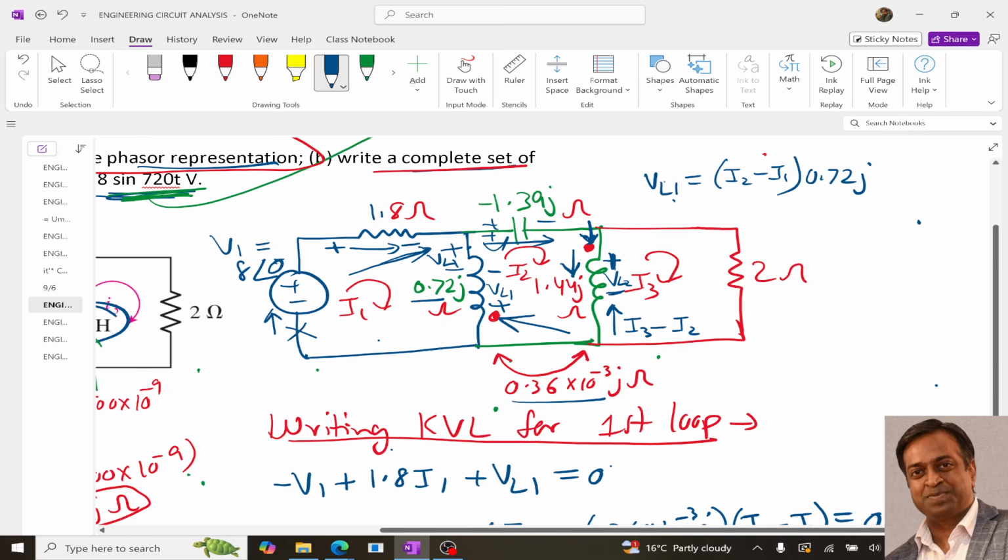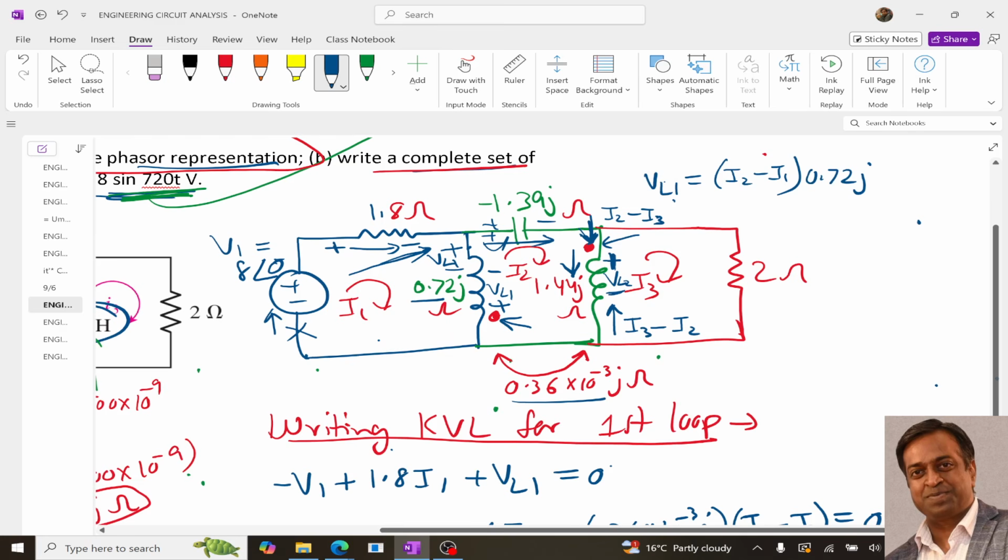So the current entering through this will be I2 minus I3, so that this terminal will be positive due to mutual inductance.